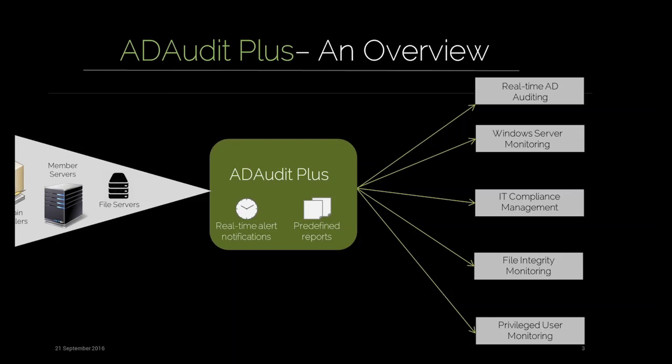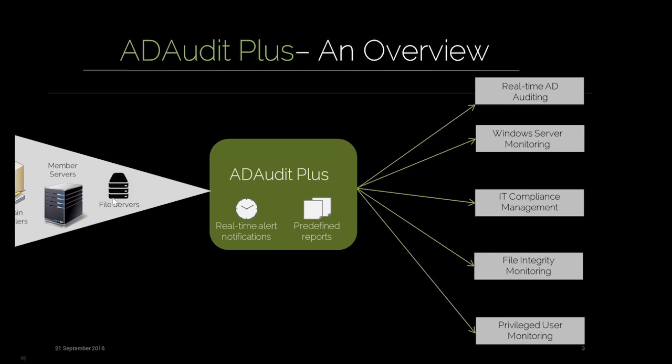That information is taken from the domain controllers. You can view the architecture right here. Okay, so this is ADAudit Plus, and these are the various servers from which ADAudit Plus is going to get the data. Number one is domain controllers. From the domain controllers, it will pull up the Active Directory details, I mean, changes that happen on your Active Directory.